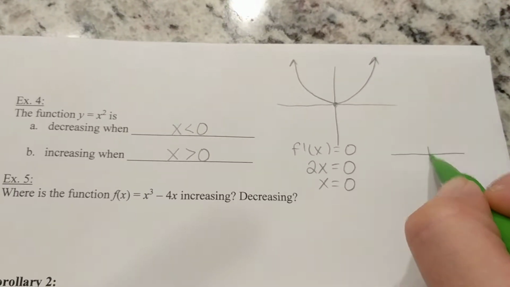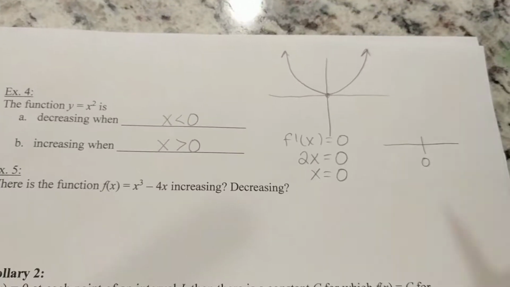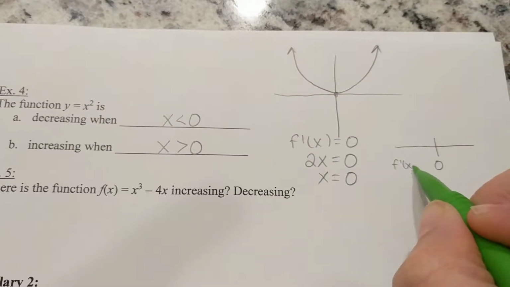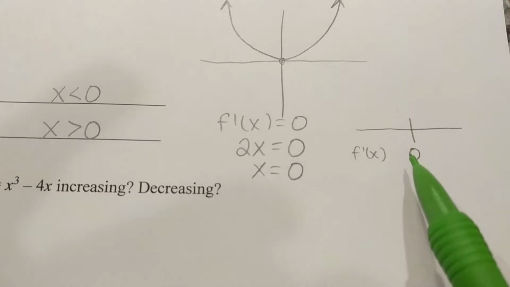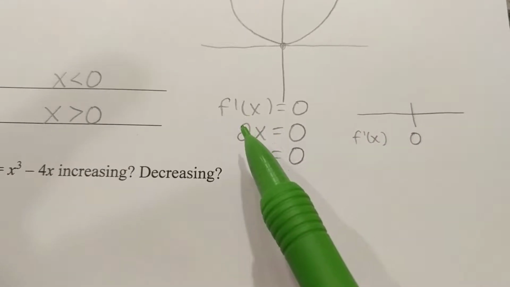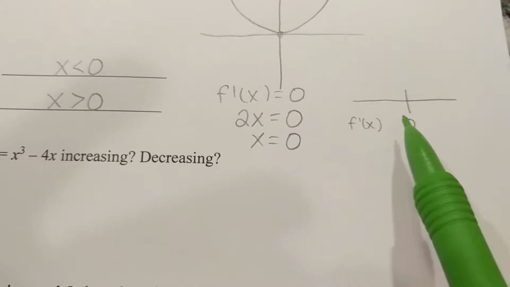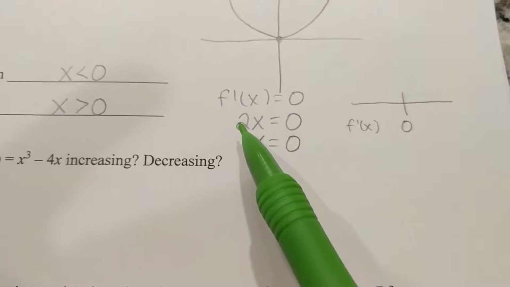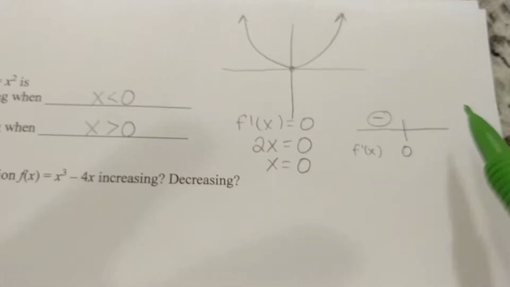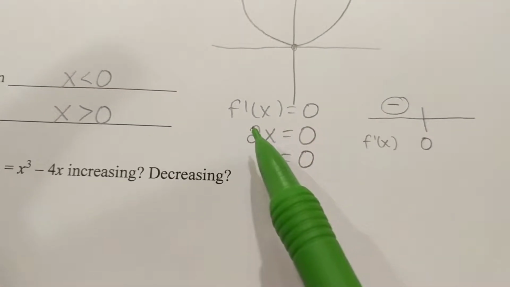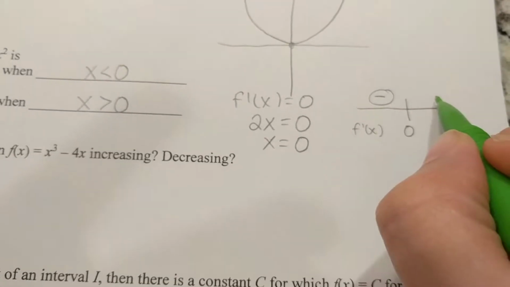So if you remember, we talked about those sign charts, and I used f prime to come up with this value. So if I plug in a number to the left of 0 into this derivative, like -4, 2 times a negative gives me a negative. And if I plug in a positive number, 2 times a positive gives me a positive.